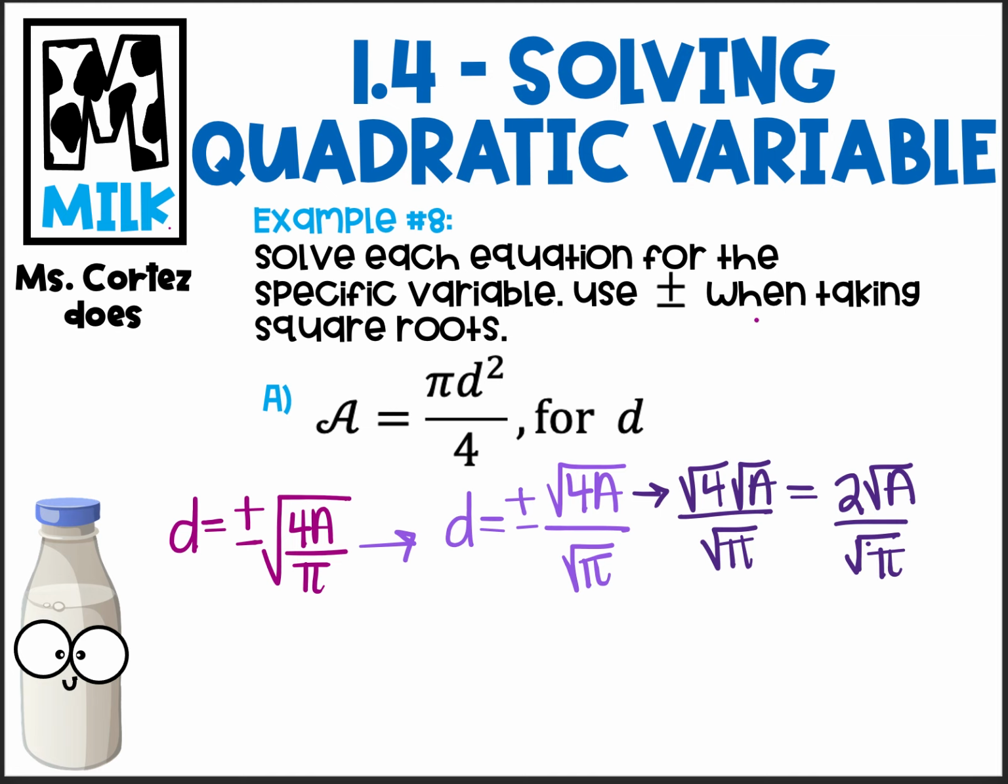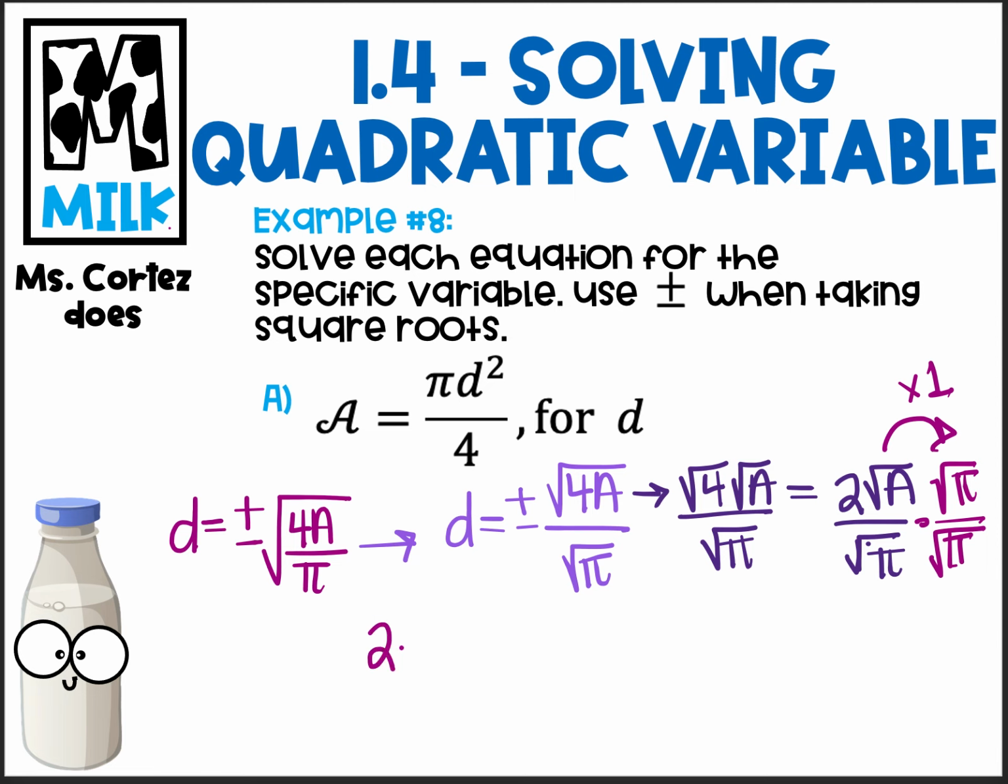It's not hard, but I just want you to know what happens. For rationalizing, we're going to multiply both the numerator and the denominator by the square root of pi, because the square root of pi divided by the square root of pi is 1. So in essence, we're multiplying this times 1 so we can reduce our square root on the denominator.